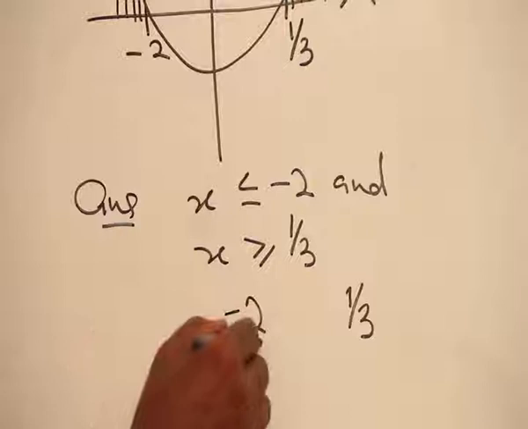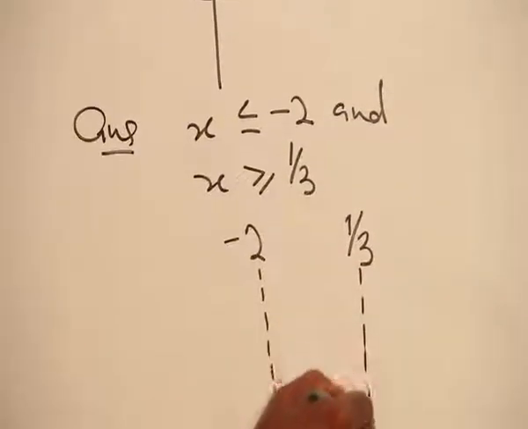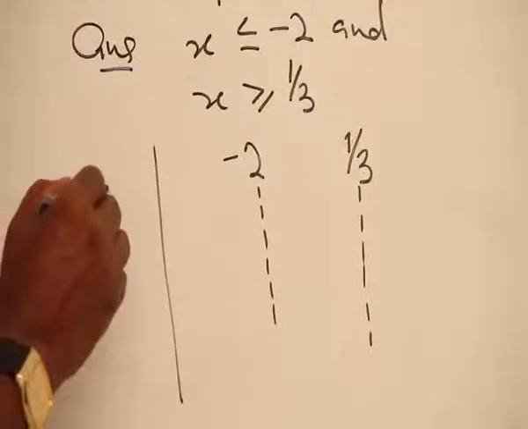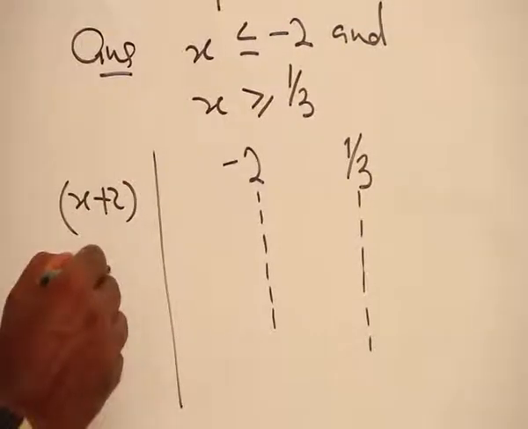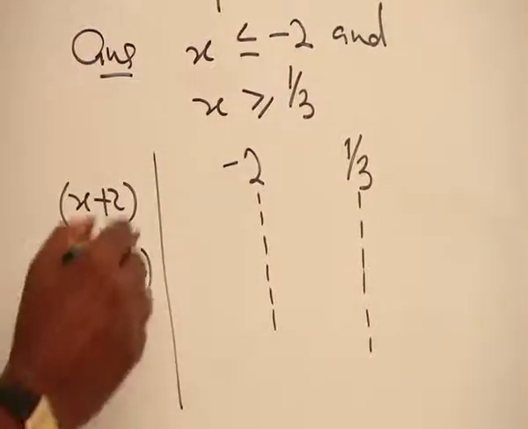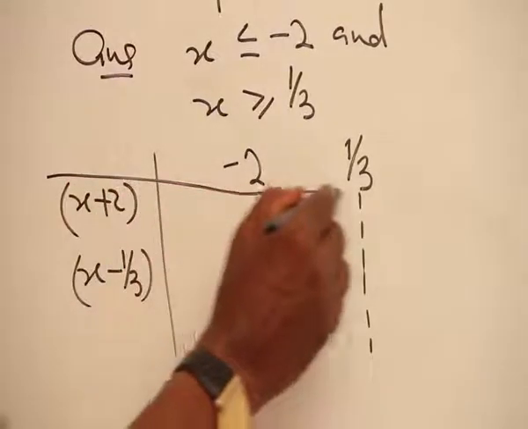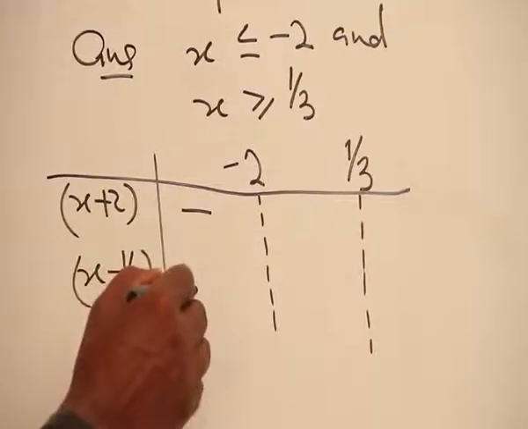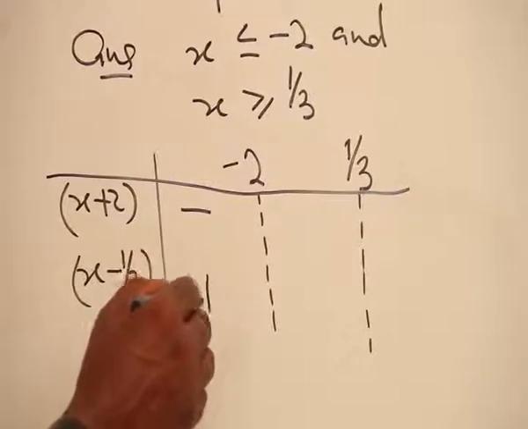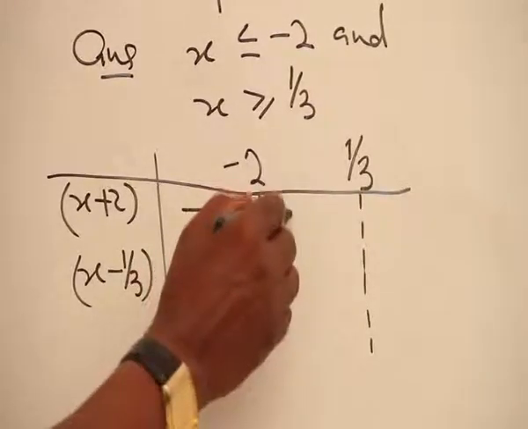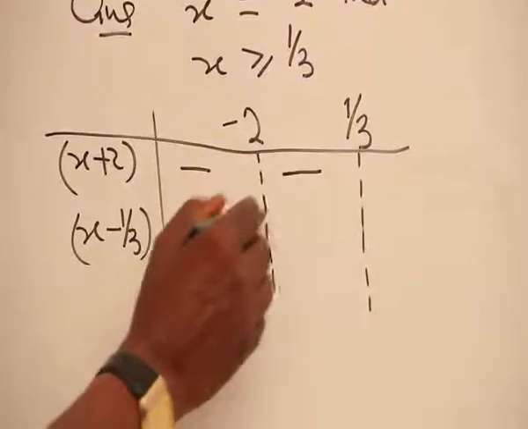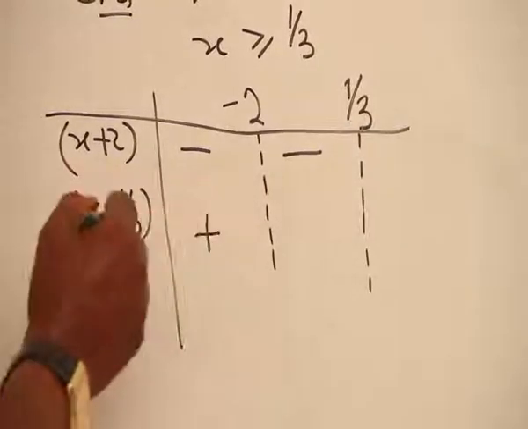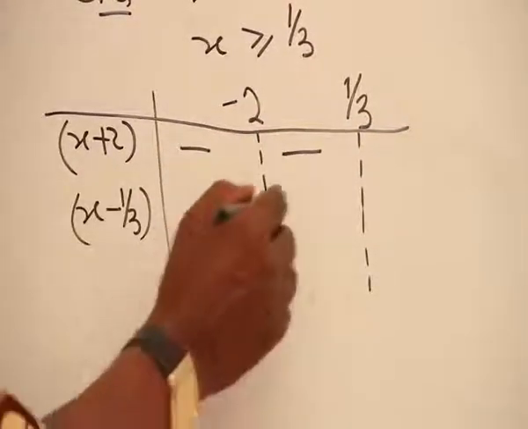In these boundary points that we wrote down, you observe that we have here our s plus 2 and our s minus 1 over 3, and then we have a negative sign here, and then we also have a positive sign here. Here we have a negative sign, and here we also have 0 minus 1 over 3 was negative.